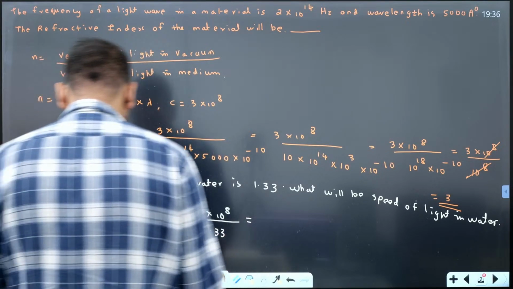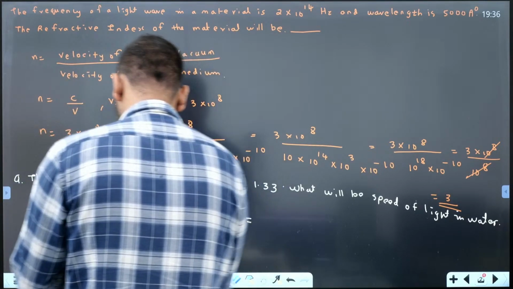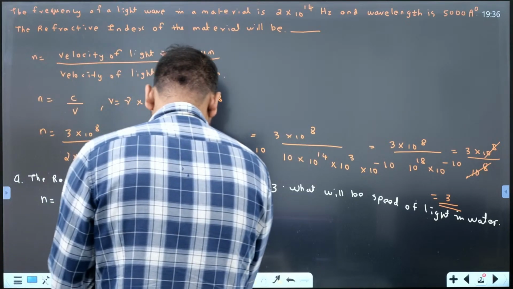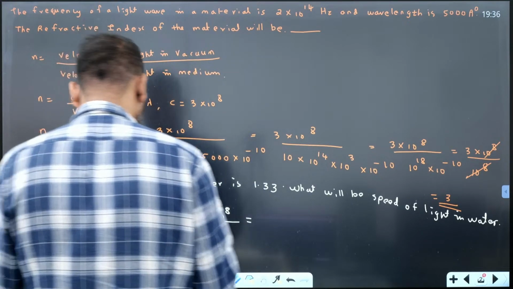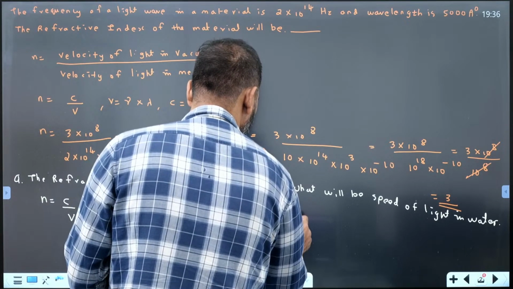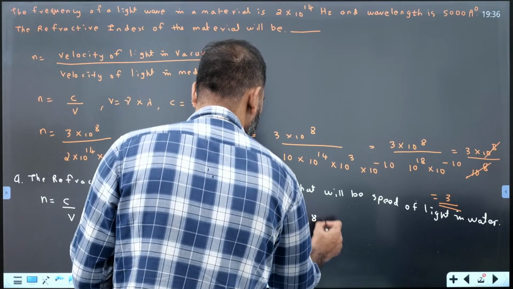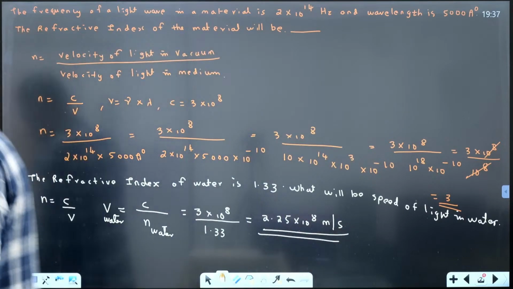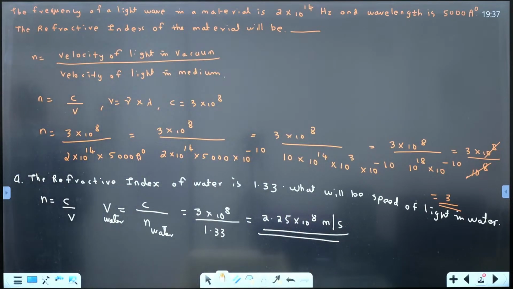If you solve this, you will get the speed of light in water, which is 2.25 into 10 raised to 8 meter per second. Any doubt?